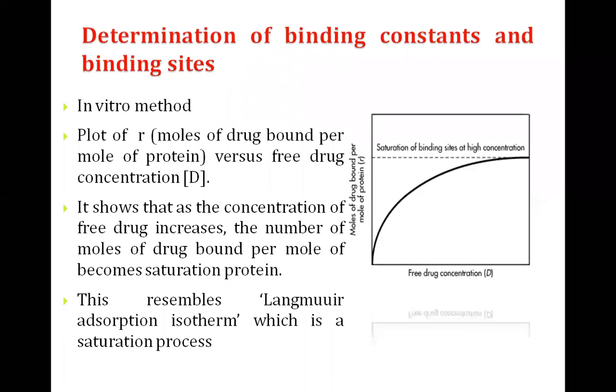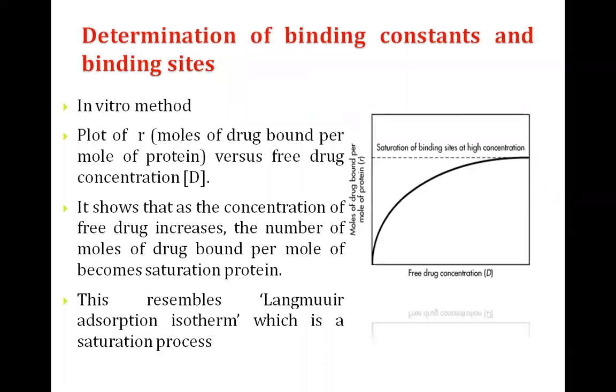This is how the graph looks. Fine, the graph is ready, but how is this graph going to help us? It is just giving us an idea of what is happening to the R value with respect to the drug concentration. As the drug concentration increases, the R value increases, the binding capacity increases, moles of drug bound per mole of protein increases, and it reaches a level called the saturation level.